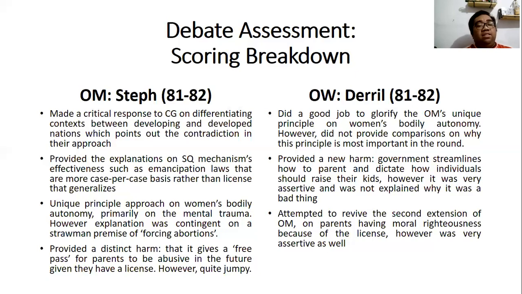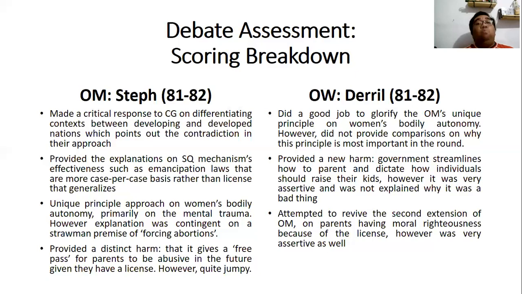Second, we also felt that the opposition member had more effort to explain the status quo mechanisms' effectiveness. So what the opposition member did was not to shoplist the mechanisms that exist currently, but they just picked one, which is emancipation law.